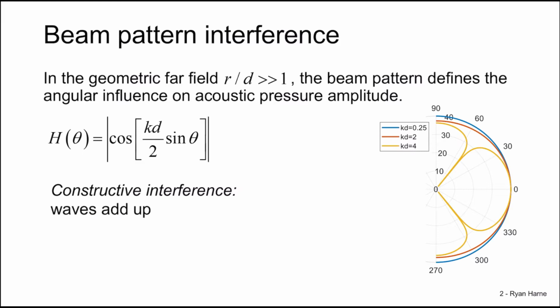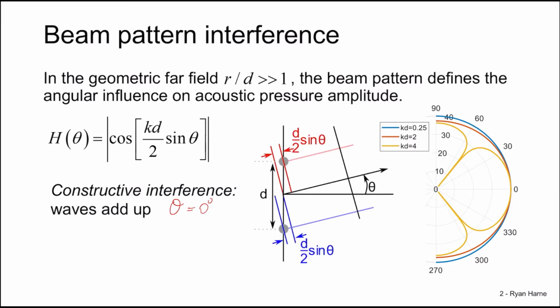Constructive interference is when the waves add up. Constructive interference occurs at broadside especially, when theta is equal to 0 degrees. Under these conditions, we have the case where the sources radiate sound with an integer number of wavelengths in between them. At broadside, this integer number is 0 wavelengths in between them.